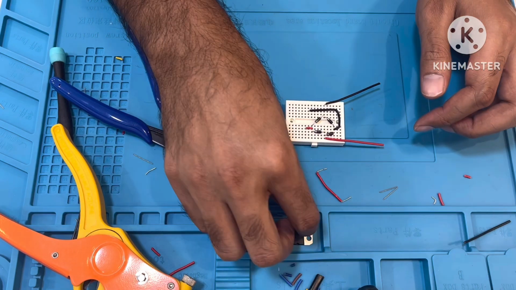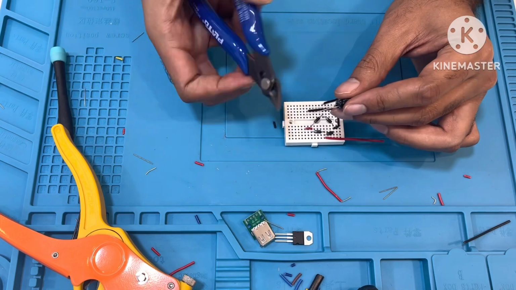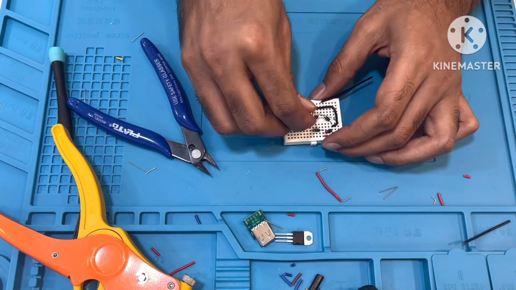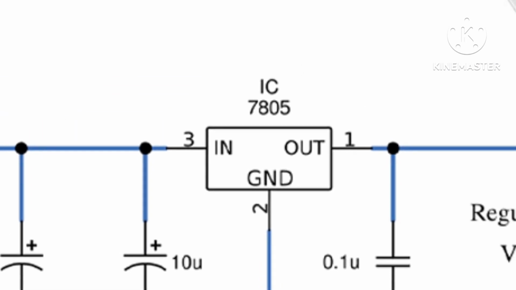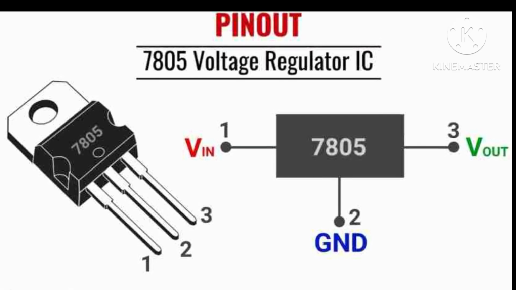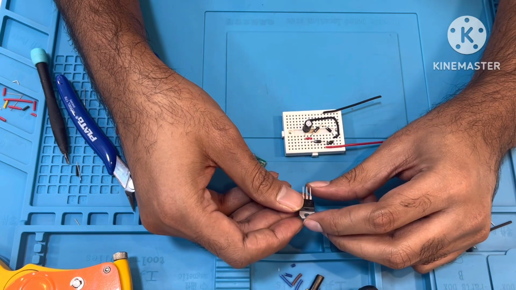Then I will add a capacitor which makes the voltage smooth. Then I use a 7805 voltage regulator to get the constant 5 volt.